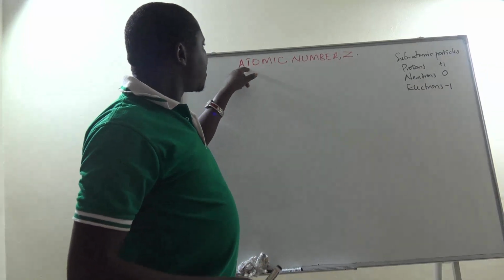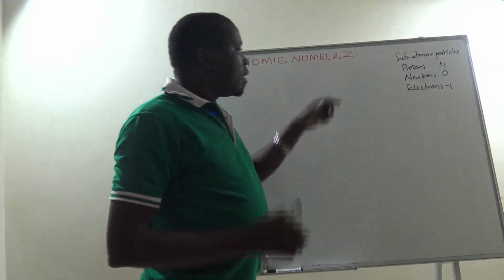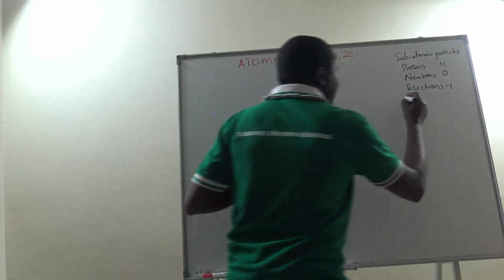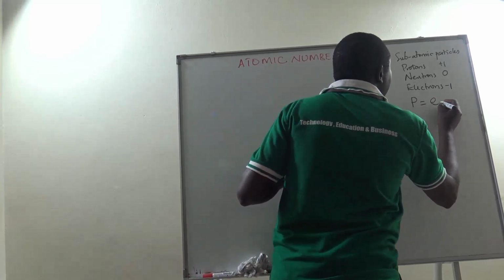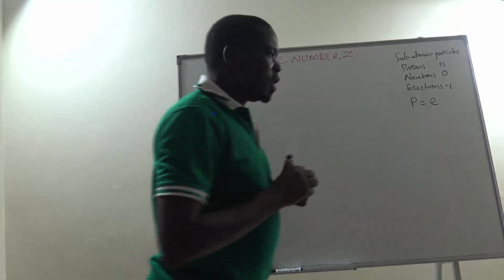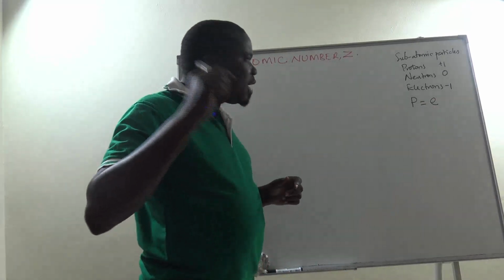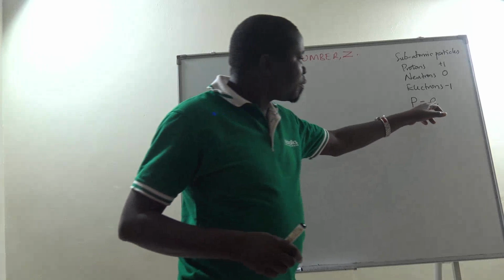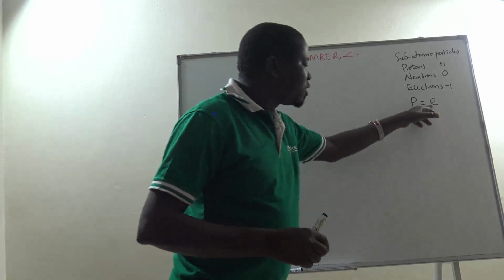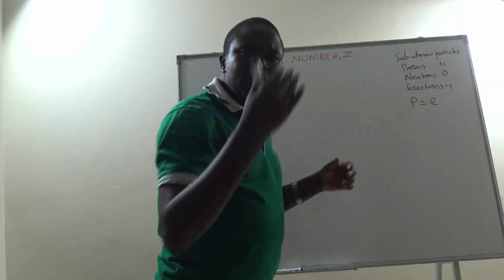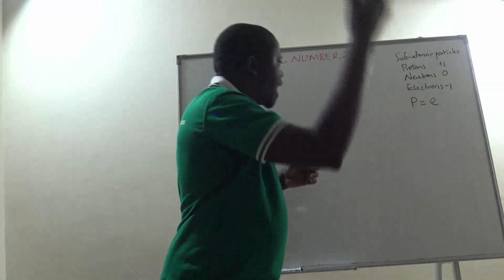So let us look at what we call atomic number. Remember this one here, that the number of protons and electrons in an atom of an element are just what? Neutral in this case. But we have to know that there is a problem with the number of electrons, that in some instances electrons are lost, more especially during chemical reactions.